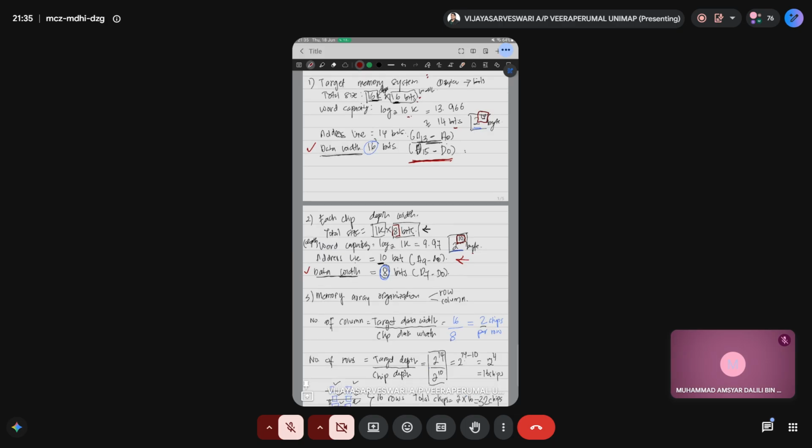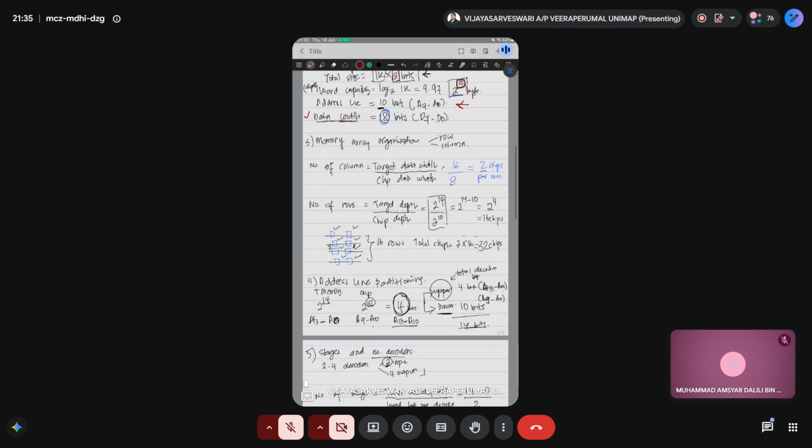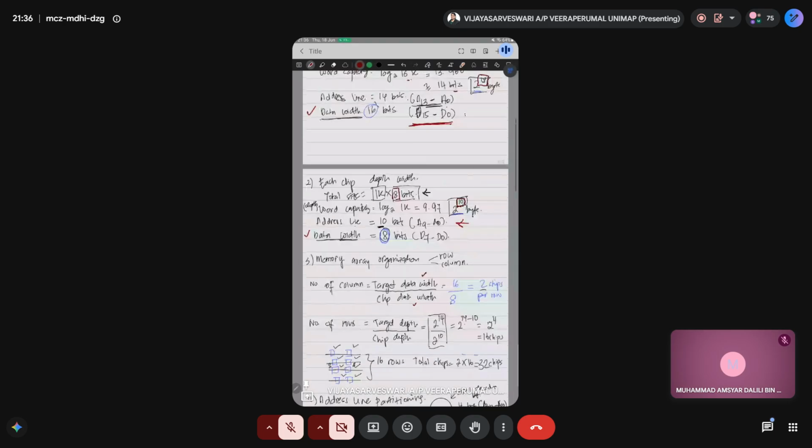So number 3, we want to find how many rows and how many columns. The number of chips is how many columns, and then the total chips that you are going to use. I call this the memory array organization. You take the data width and the chip data width: 16 bits divided by 8 bits, you will get 2 chips per row.